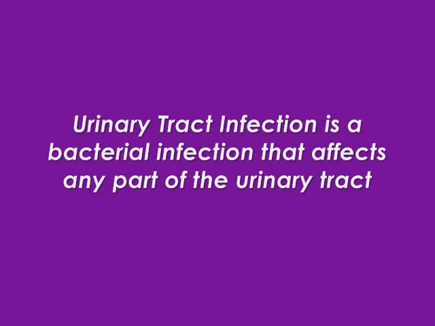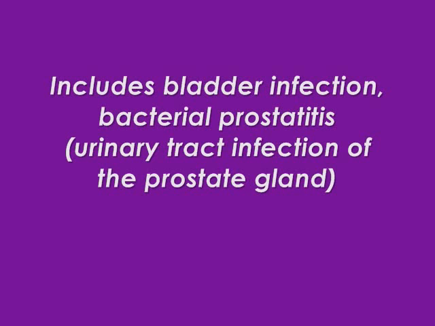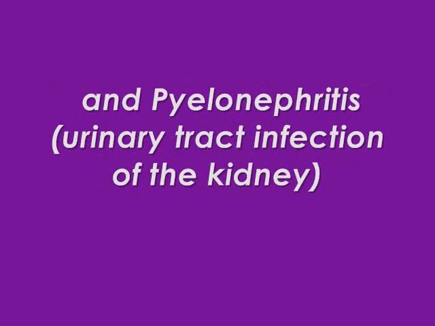Urinary tract infection, or UTI, is a bacterial infection that affects any part of the urinary tract. Urinary tract infections include bladder infection, bacterial prostatitis, which is a urinary tract infection of the prostate gland, and pyelonephritis, a urinary tract infection of the kidney.